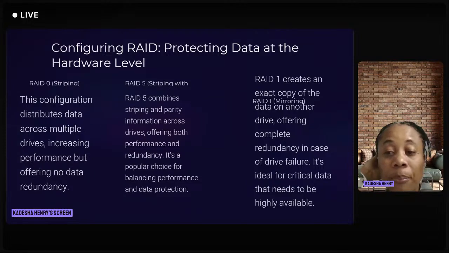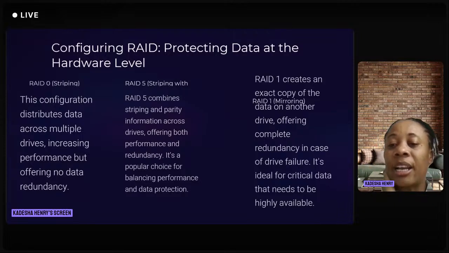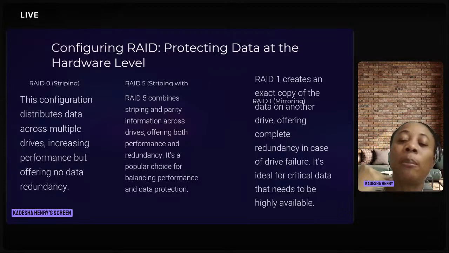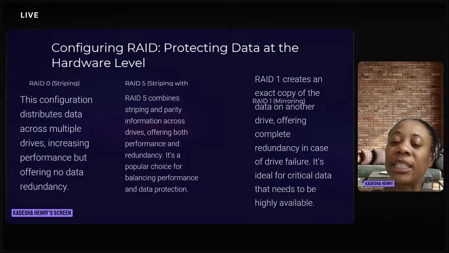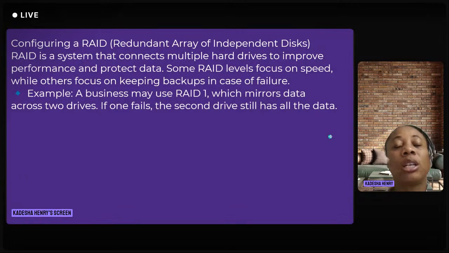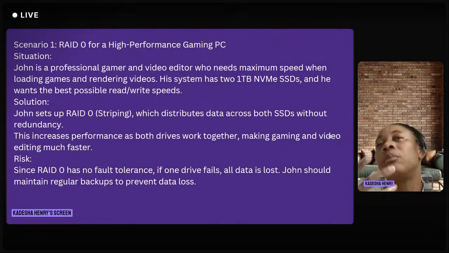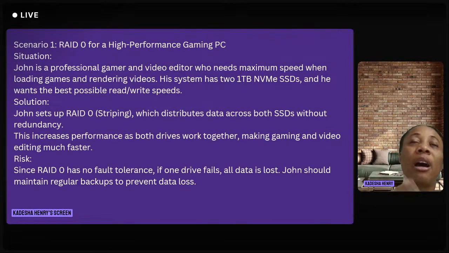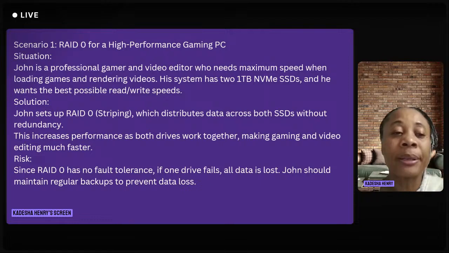It mirrors the exact copy of the data, and it offers complete redundancy in case of a drive failure. It's ideal for critical data that needs to be highly available. So I could imagine that most data places use this, like Facebook and other places, right?